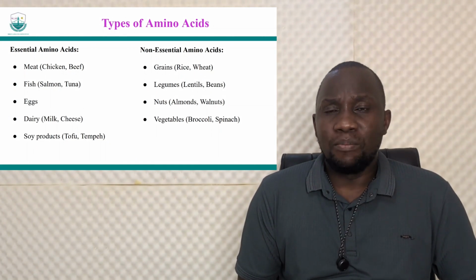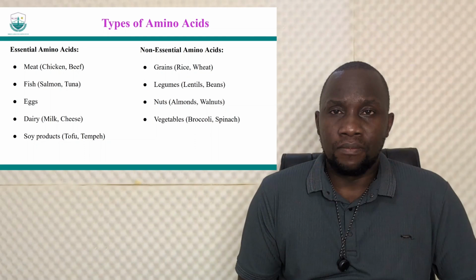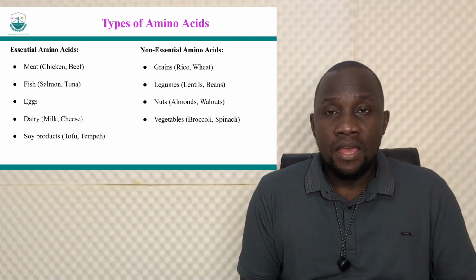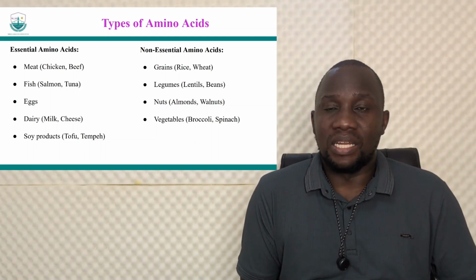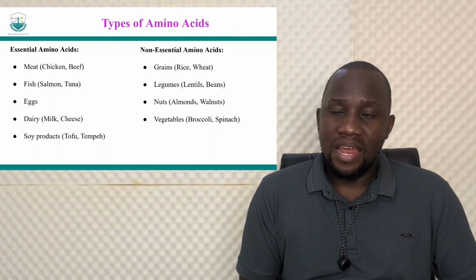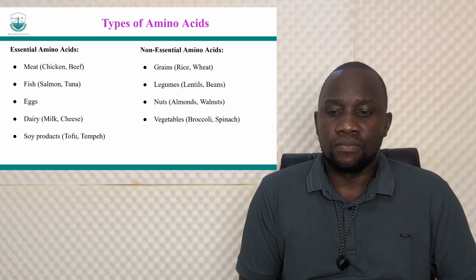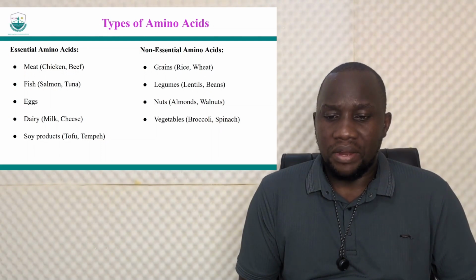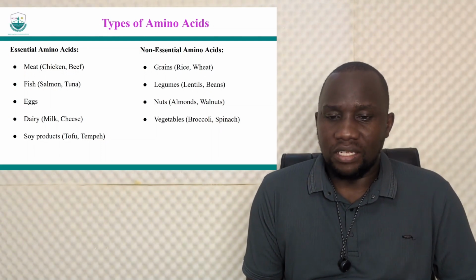Okay, but again, the body can synthesize amino acids, and we term them as non-essential amino acids. Okay, and these can be synthesized from different sources: grains, legumes, nuts, and vegetables.